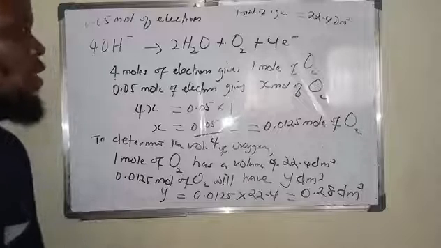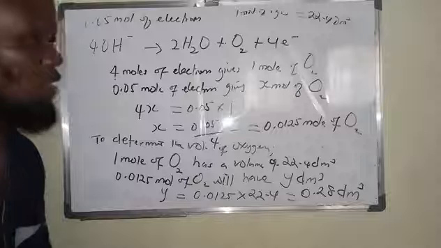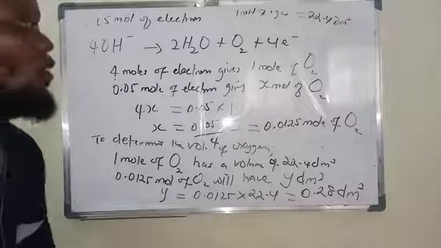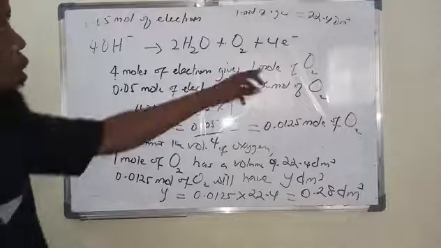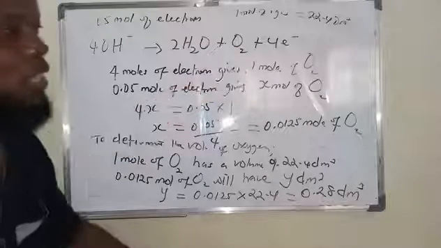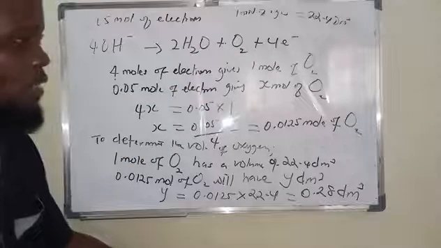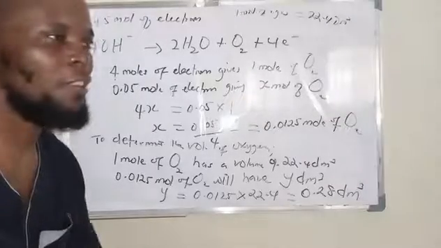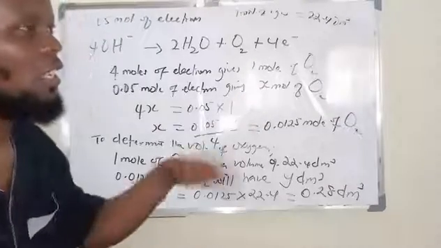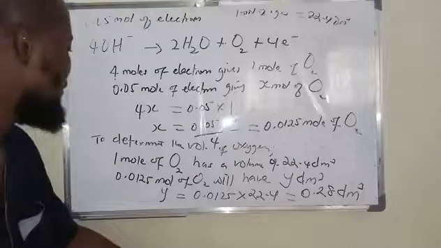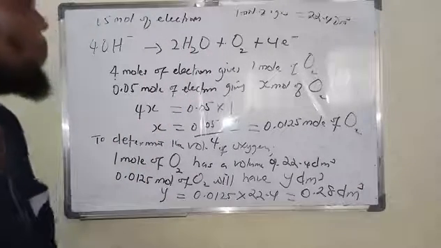So sometimes, instead of using mole, you might have to use the mass in case you have to find the mass. 1 mole of oxygen has a mass equal to 16 times 2, that is 32 gram. Then 1 mole of copper has a mass equal to 63.5 or 64 gram. Those are the relative atomic masses or molecular masses of those respective elements.